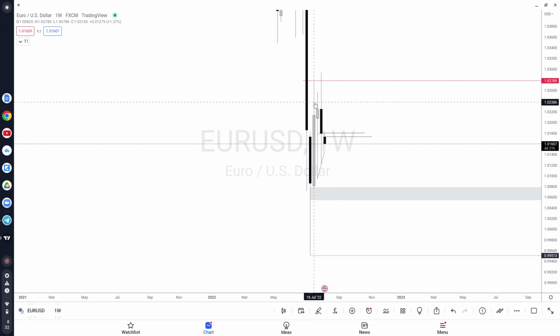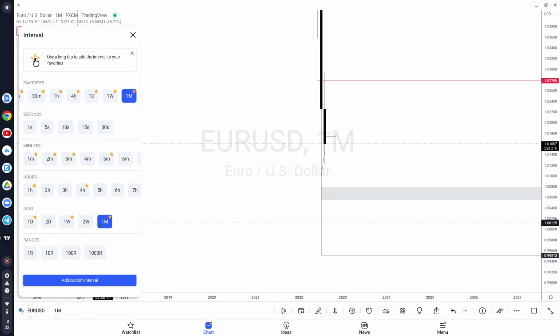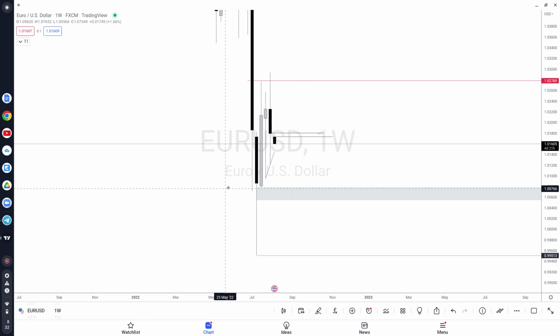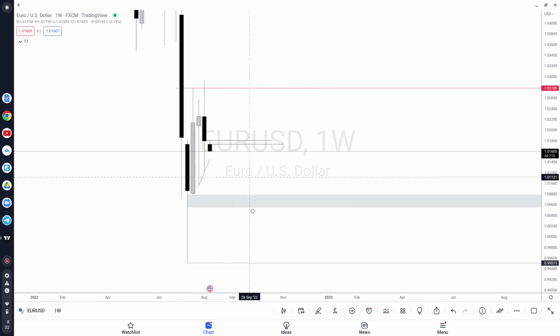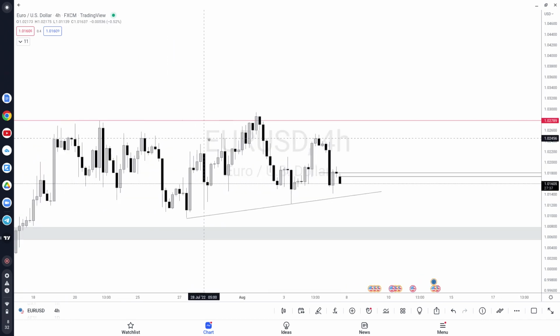The July. Why is it not showing? All right, that's another topic. But the weekly is showing an opening gap also. But anyway, you guys get where I'm going with this.